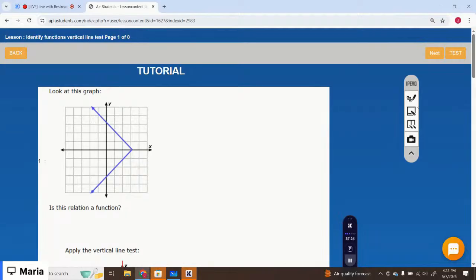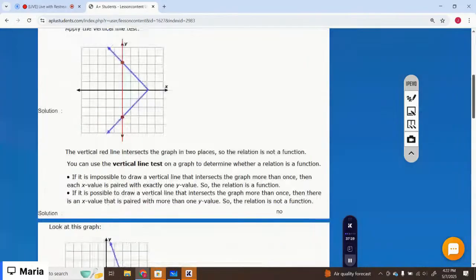Is this relation a function? So we need to apply the vertical line. The vertical red line intersects the graph in two places, so the relation is not a function.